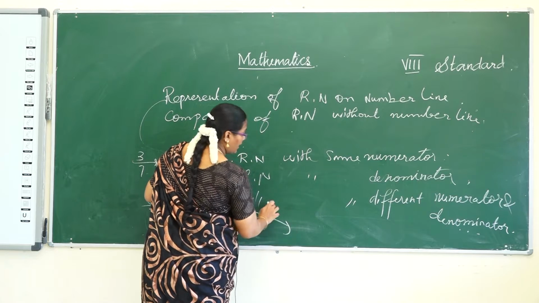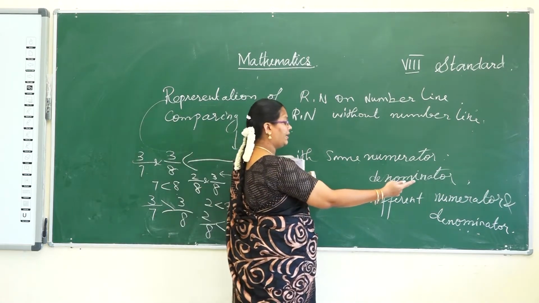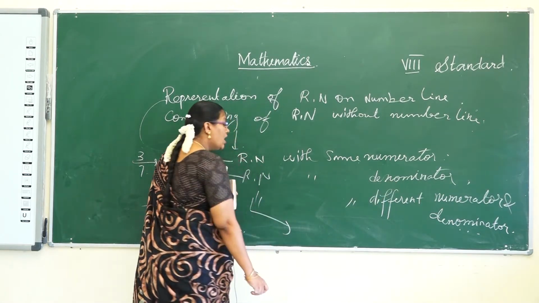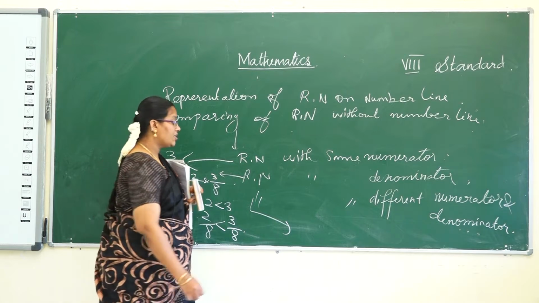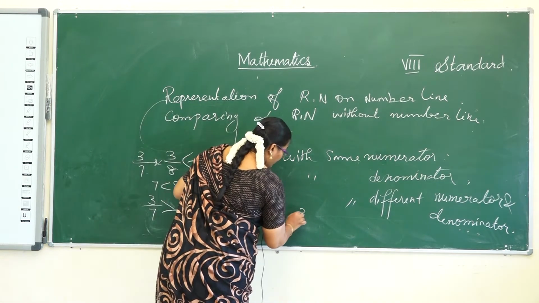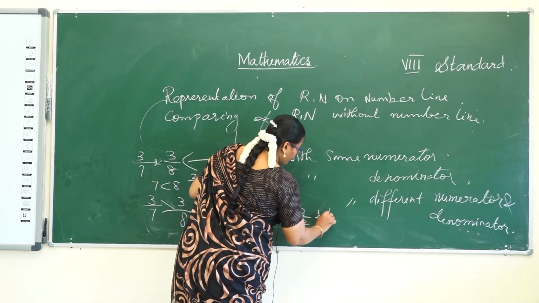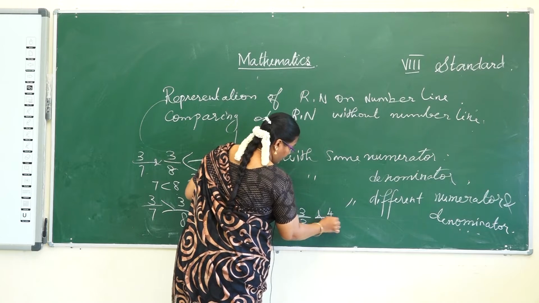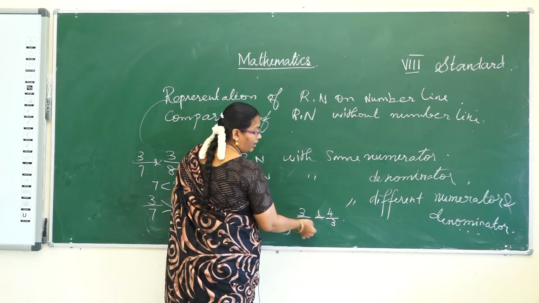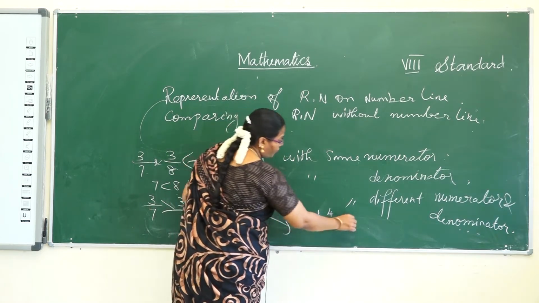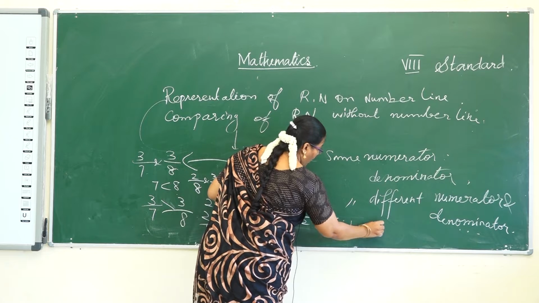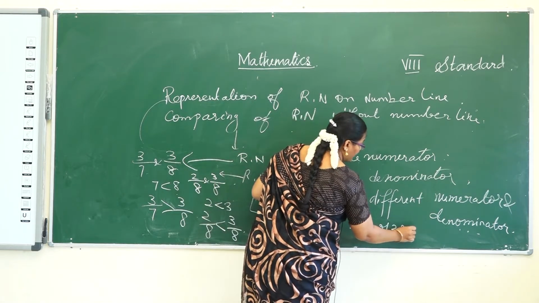And third one, rational numbers with different numerator and different denominator are given. You should find the LCM. For example, 3 by 2 and 4 by 3 are given. The LCM of 2 and 3 is 6.